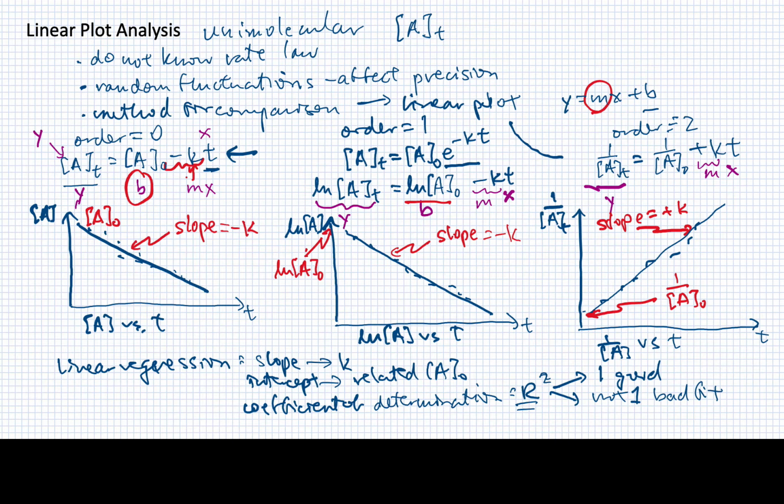So it helps you identify which one of these plots is the right one, and the plot that it identifies tells you the order of the reaction. That also tells you from which plot you read off something like the value of the slope so that you can get the rate constant, because you'll get 3 different values for the rate constant on the same set of data by making each of these plots.